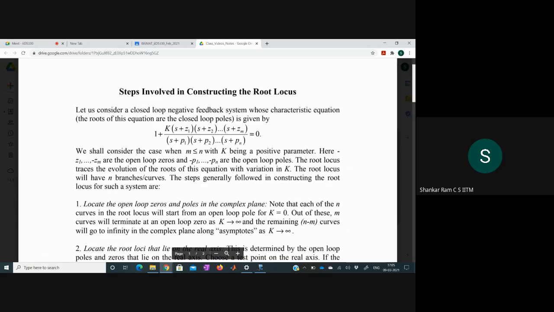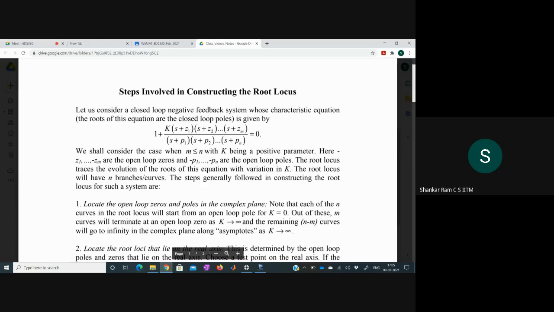Consequently, we are able to figure out ranges of design parameters for which we can achieve both closed loop system stability and closed loop system performance. So that is the motivation behind looking at the root locus.